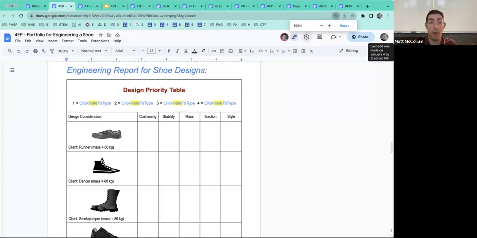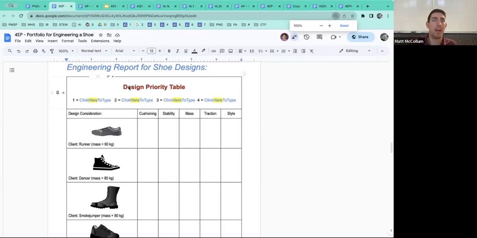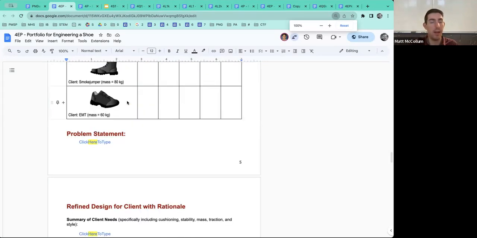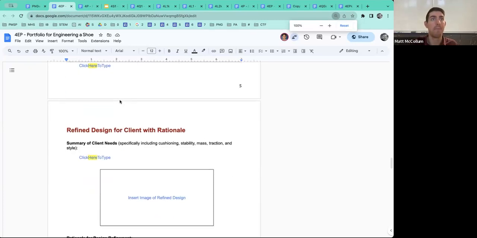Does a minimalist runner need cushioning, stability, mass, traction, style? And so they assign those points based off of thoughts and class conversation. Of course, we have them make a problem statement right at the beginning of who they are, who their client is, and then they refine and peek at their design.